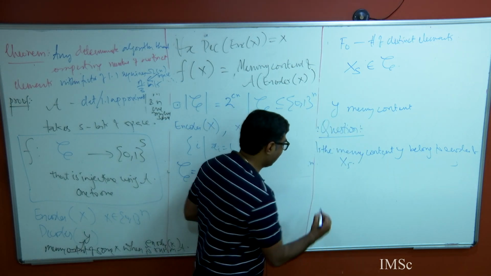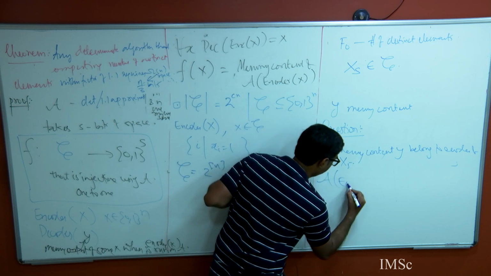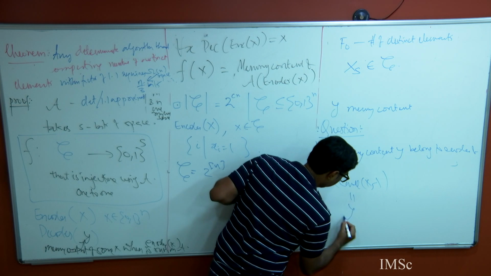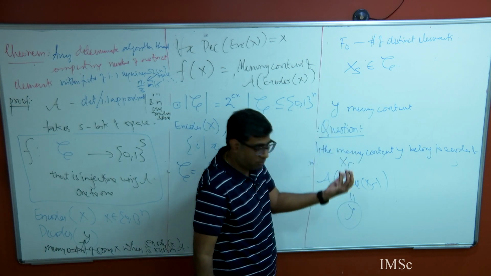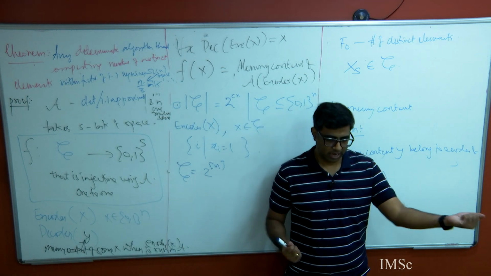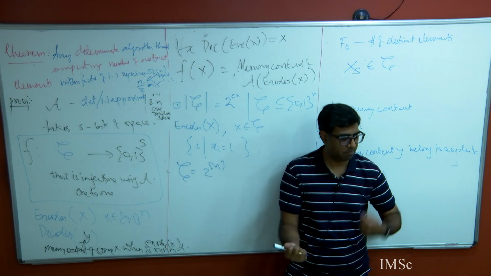Right? So if I ran A on the encoder of XS, is this the y? The y that I have in my hand. I want to verify, I have a set. I said, is this y the same as XS?